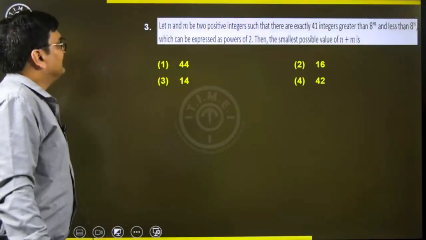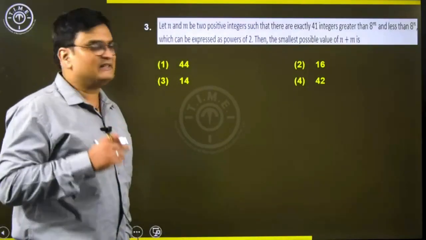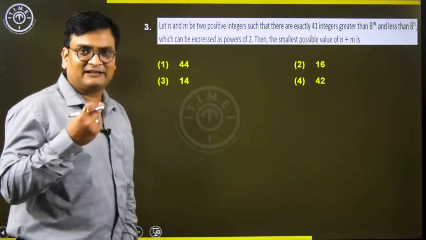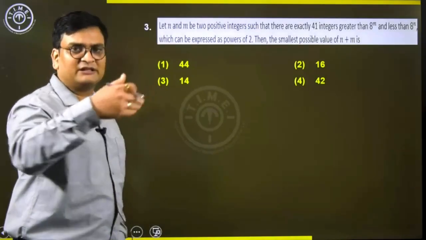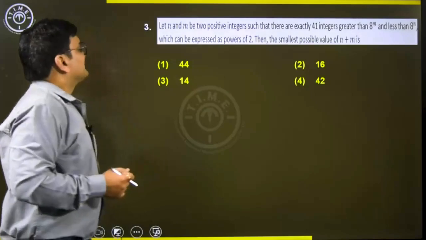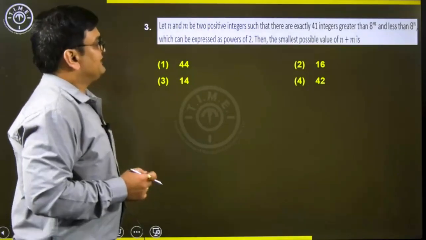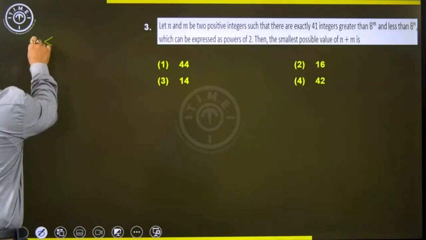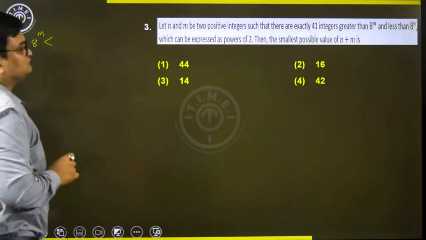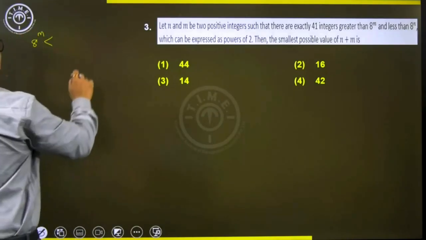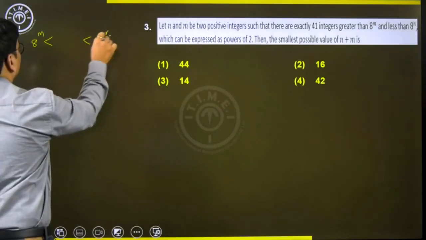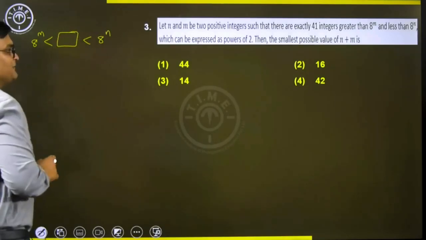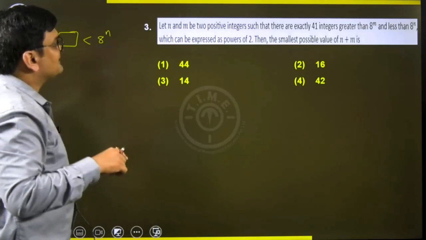Next one, let n and m be two positive integers. Very clearly it is given they are positive integers, that means 1, 2, 3, 4 and so on, such that there are exactly 41 integers which are greater than 8 to the power m and less than 8 power n. So there are 41 integers in between which can be expressed as a power of 2.